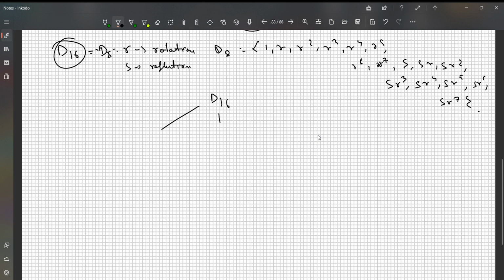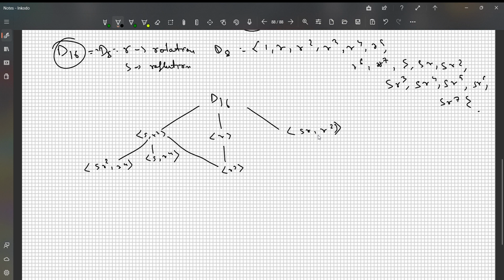So the immediate subgroups of D16 are the one generated by s and r squared, the one generated by r, and the one generated by sr and r squared. Then sr and r squared has the immediate subgroups sr squared and r to the power 4, then you have sr to the power 4.